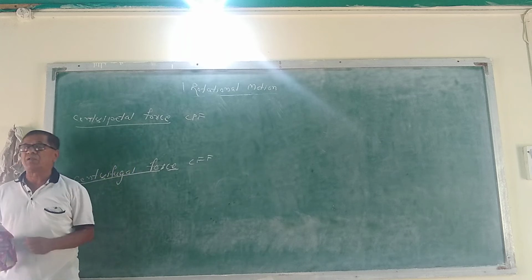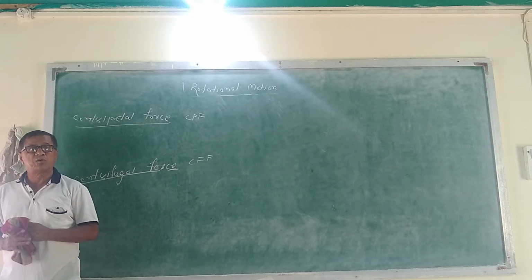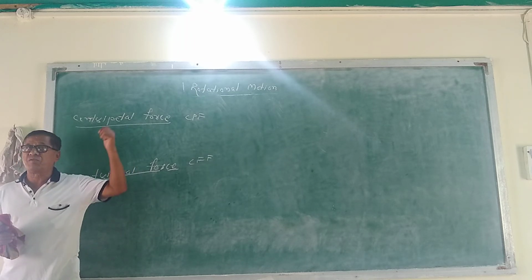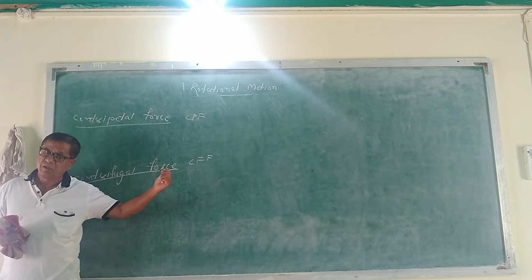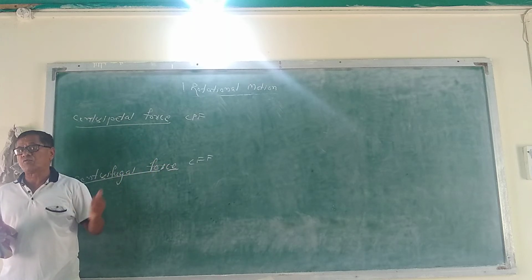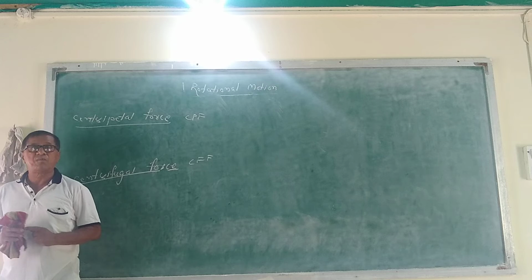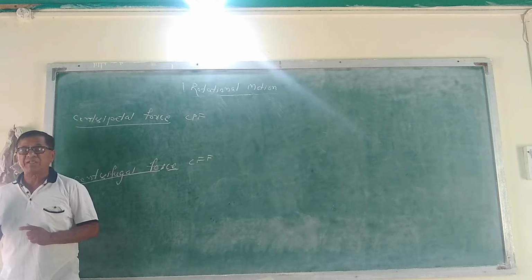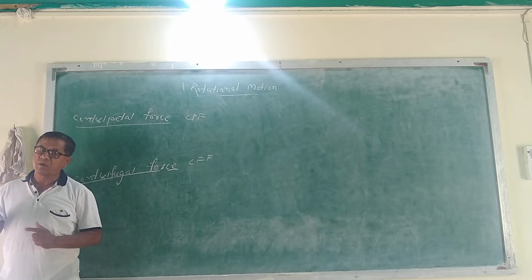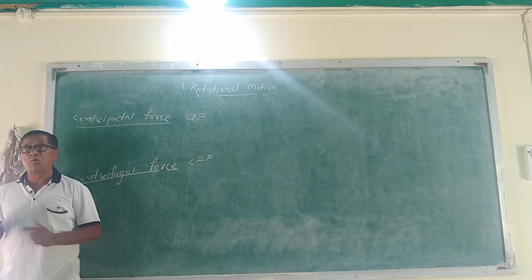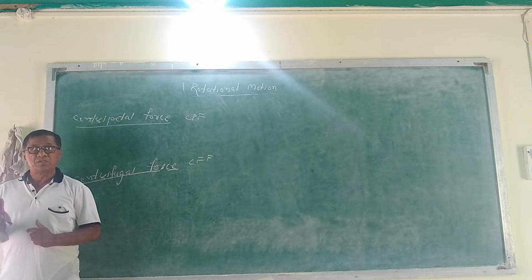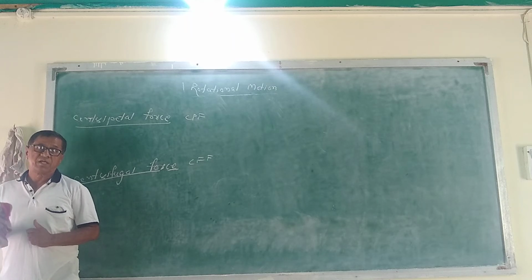Due to the centripetal force, we get the circular motion. Whereas the centrifugal force is along the radius but away from the center. We could take the example of the merry-go-round. In the case of the merry-go-round, we observe the outward pull on the student or on us.